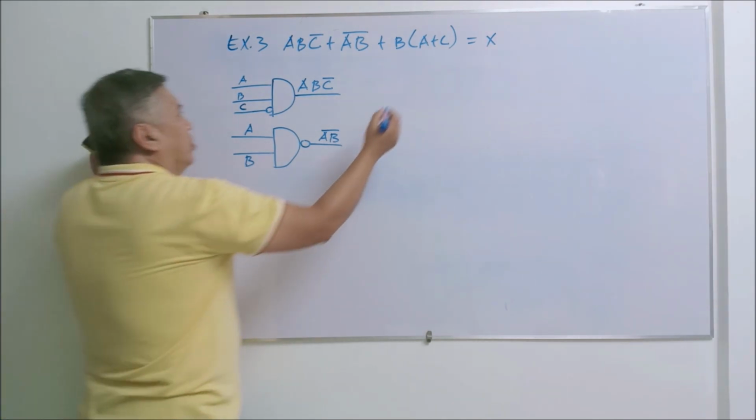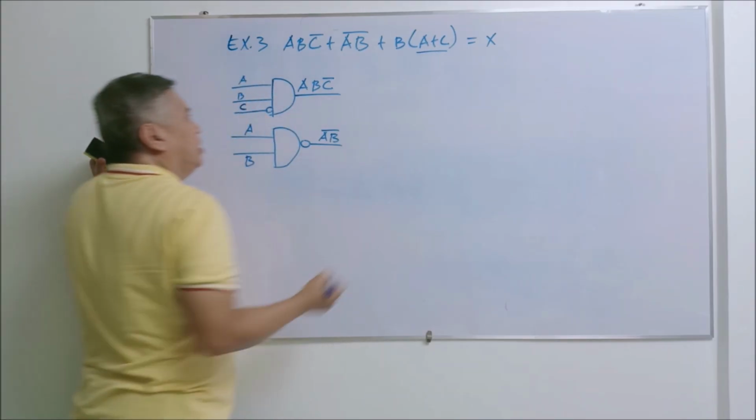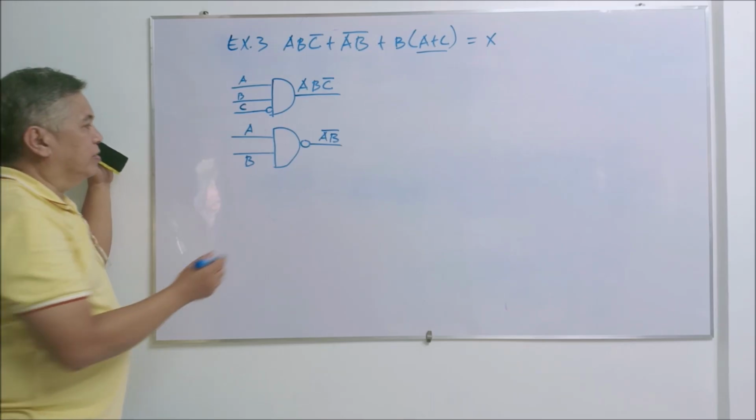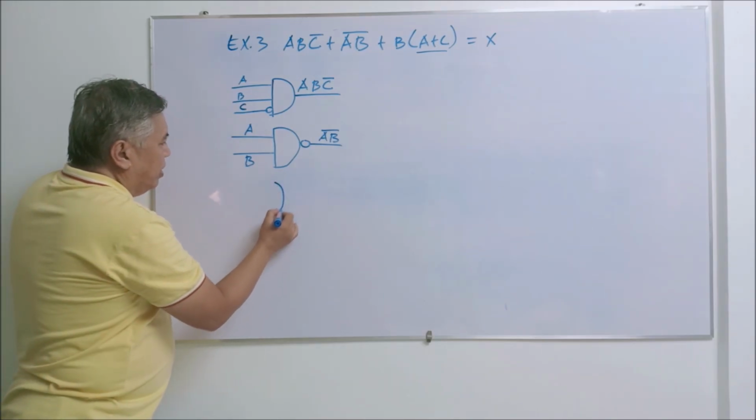And then these two are being ORed to B times A plus C. So you first draw this one here. What is inside the parentheses is A plus C, and that can be represented by an OR gate. So you draw here an OR gate.